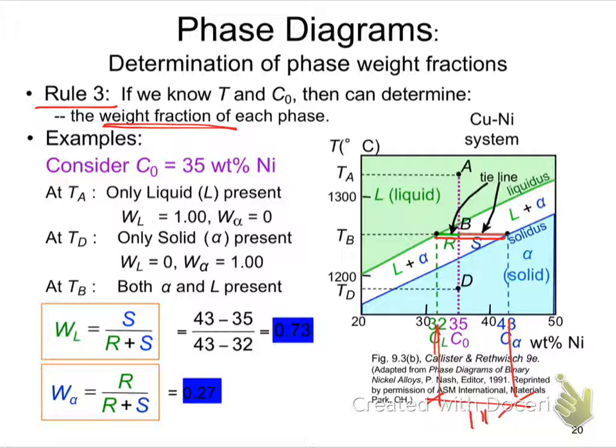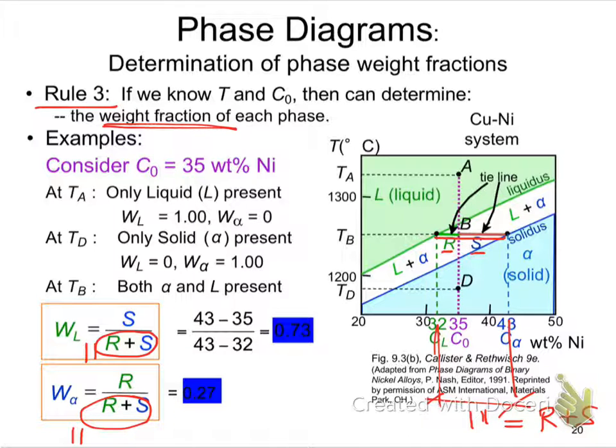And we can look at that and say, well, if we've labeled R and S as distances between the liquidus line and your point of interest and the point of interest and your solidus line, then this 11 is equal to R plus S, right? Okay, so over here, our R plus S is 11, and that's true in both of these different equations.